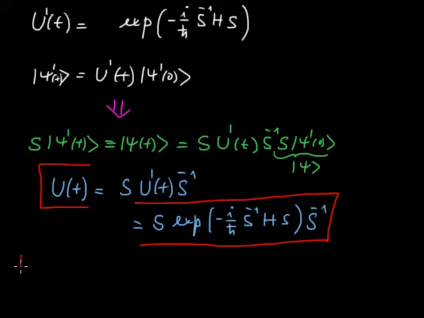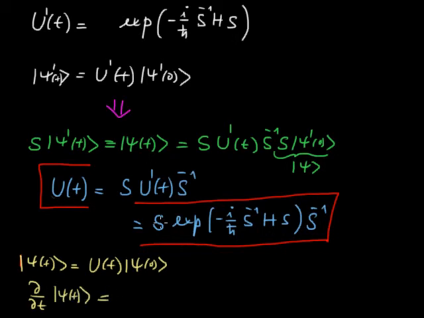So I want to prove now that psi t defined in this way, let me write it as an abbreviation like this, solves the Schrödinger equation. That is, when I apply the time derivative to it, it gives me back the same equation. By definition, I write the S, which is constant, nothing is changing here.